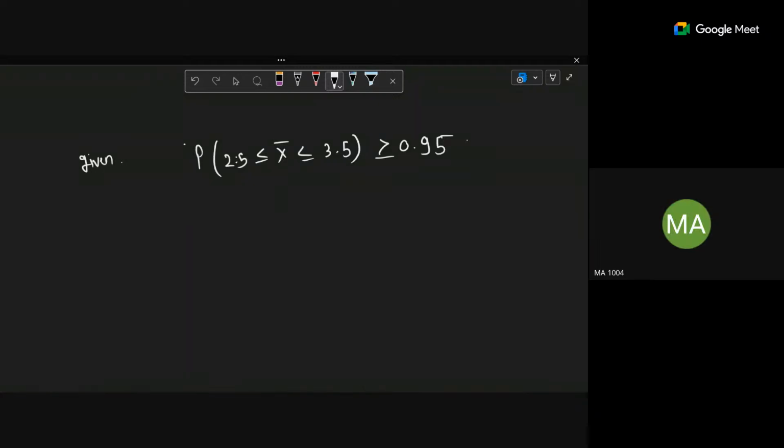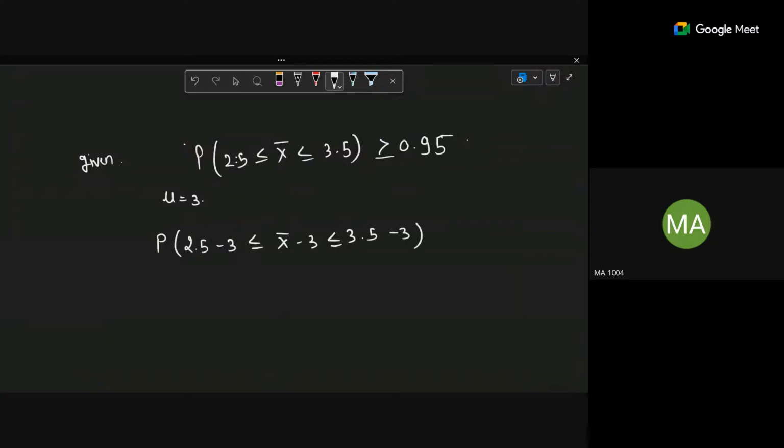So do we know the mean and variance here? Yes, mu is equal to 3. So just subtract 3 from the whole term: 2.5 minus 3 is less than or equal to x bar minus 3, which is less than or equal to 3.5 minus 3.